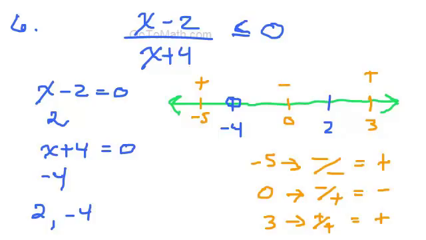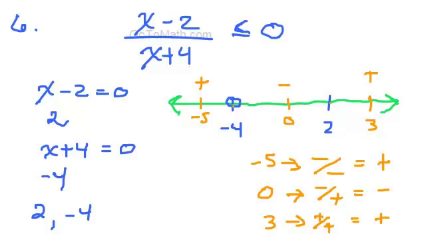Now remember, we can't use negative 4. This number must be less than or equal to 0, which means it must be negative, and it can equal 0. So between negative 4 and 2 is where all the numbers for our solution are.